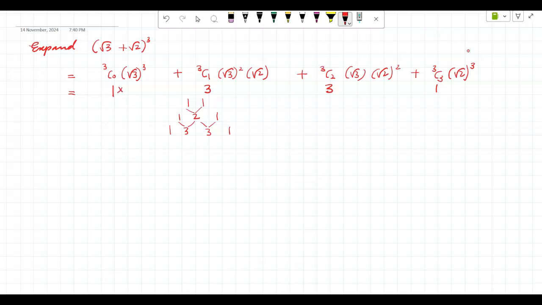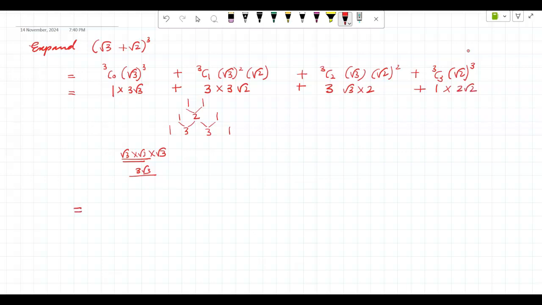Now what is root 3 cube? 3 root 3, because root 3 into root 3 into root 3, correct? This is 3 root 3. Root 3 square is 3, into root 2, plus this 3. So root 3 into root 2 square, root 2 square is 2, plus 1 into root 3, root 2 cube is 2 root 2.